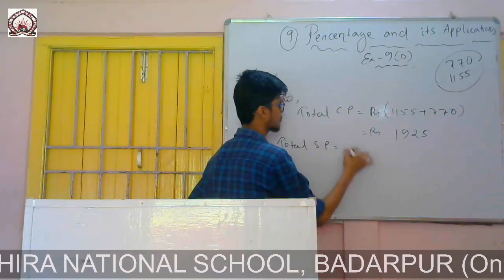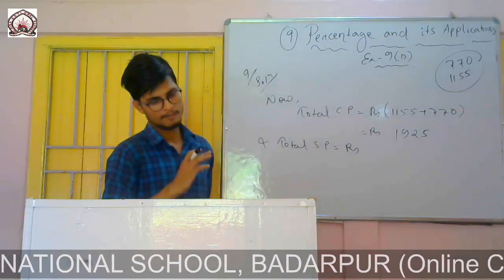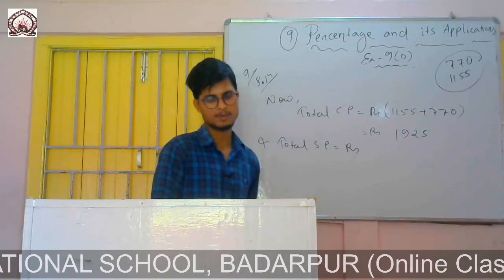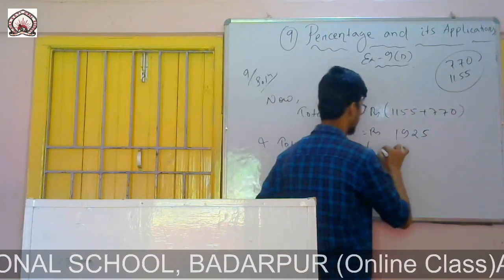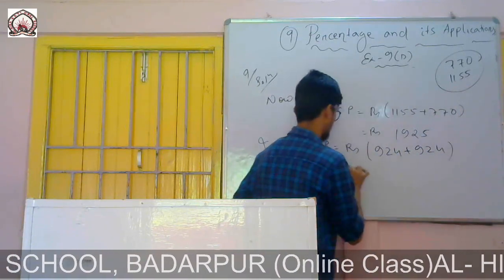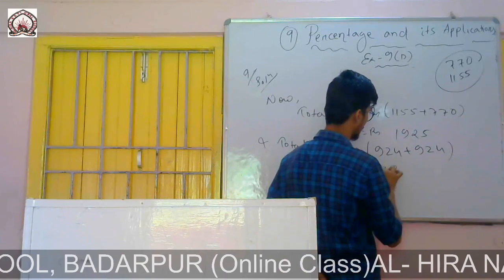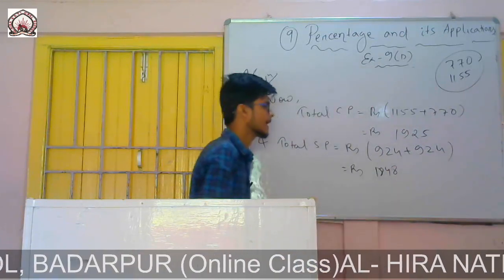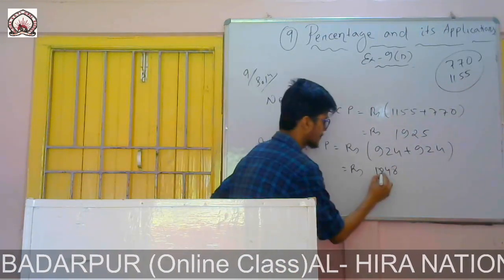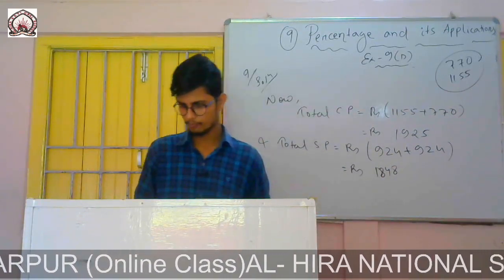Total SP is equal to rupees 924 for both the paintings. It was rupees 924, that means I will add 924 plus 924, which will be equal to 4 plus 4, it is 8, 2 plus 2, 4, 9 plus 9, 18, 1848.